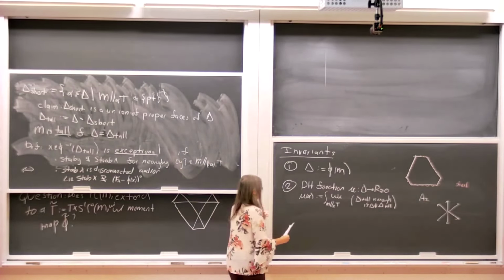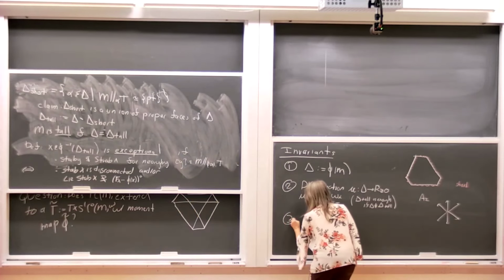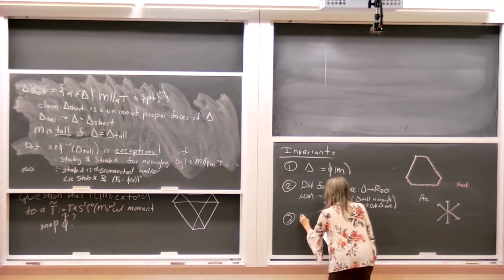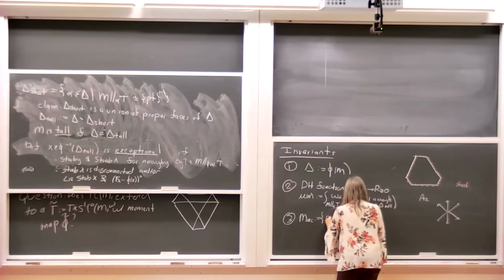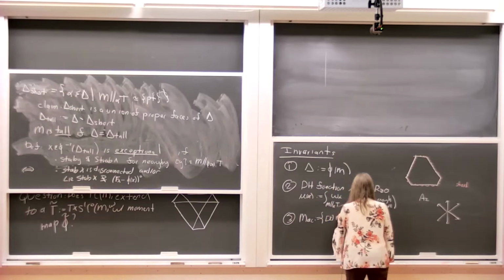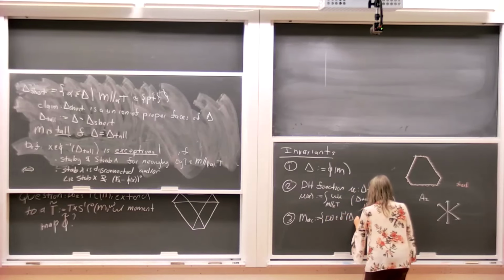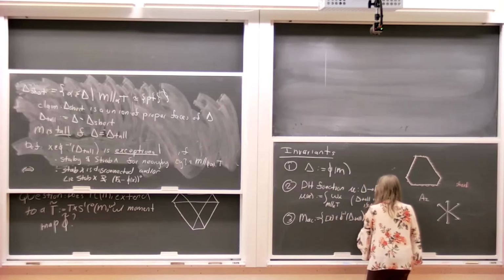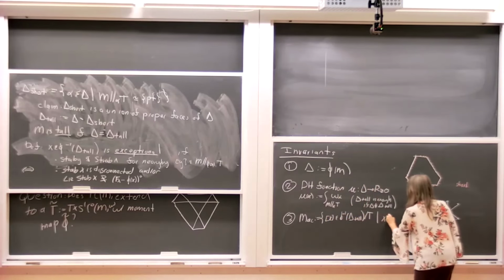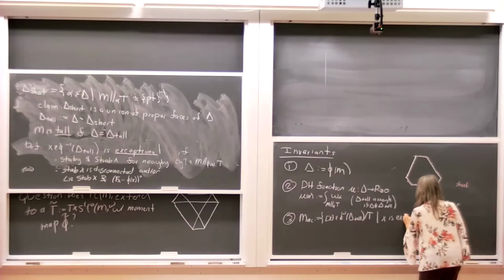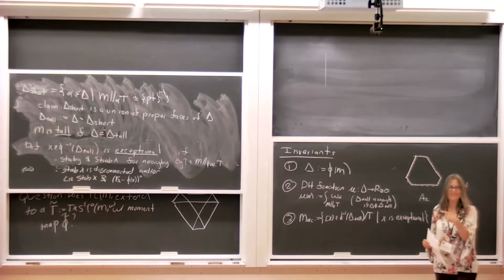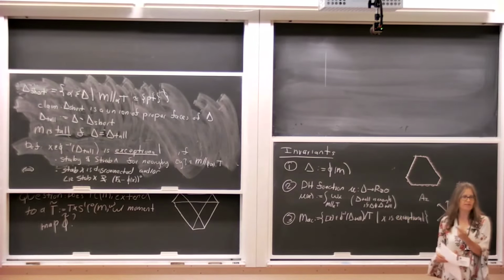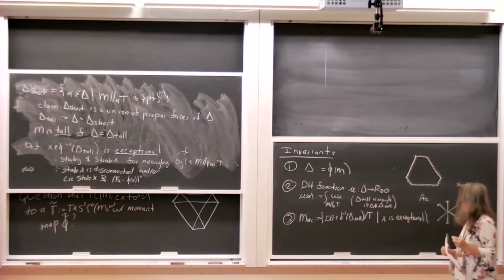Now I have my third invariant, which is M exceptional, the set of X in phi inverse of delta tau divided by T, such that X is exceptional. And all the points in a T orbit have the same stabilizer, so this is clearly well defined.